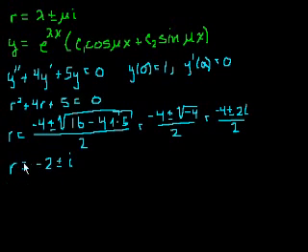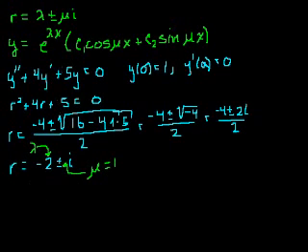So if we wanted to pattern match, or just do it really fast, what's our lambda? Well, our lambda is just minus 2. Let me write that down. That's our lambda. And what's our mu? Well, mu is the coefficient on the i, so mu is 1. Mu is equal to 1.